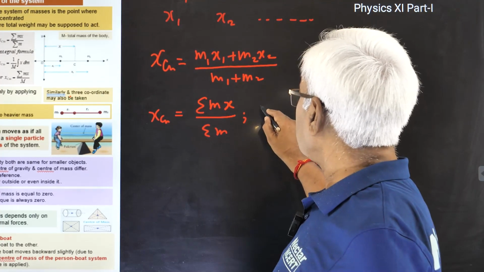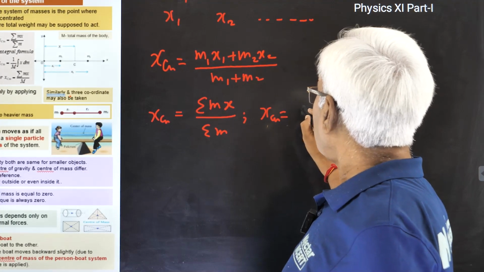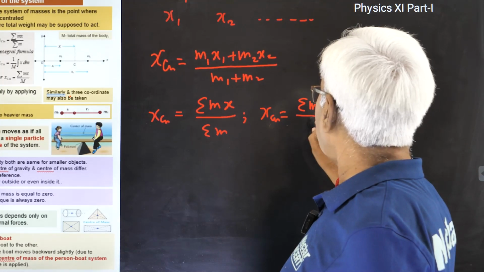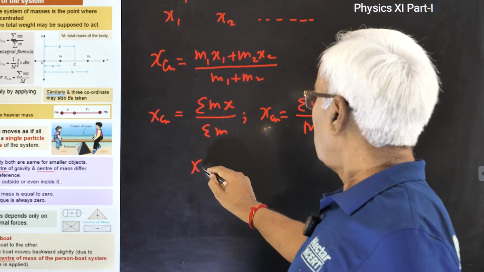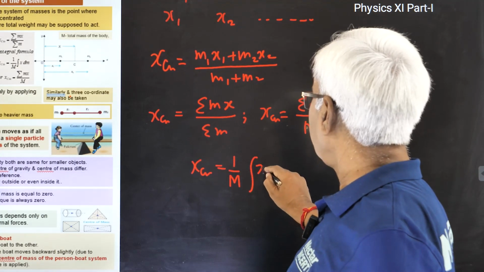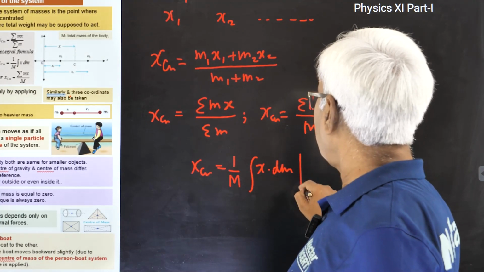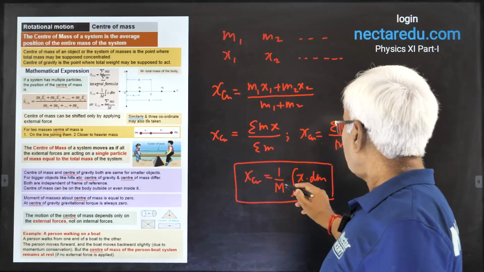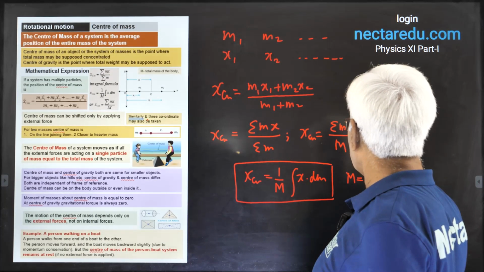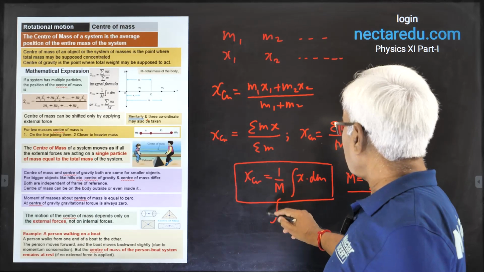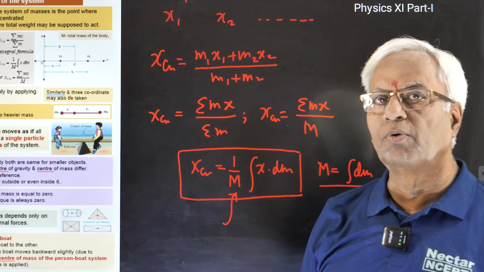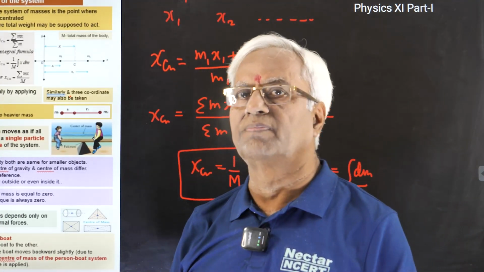Likewise, you can go one step further short. It could be written as sigma mx upon total mass, or even it's written sometimes in integral form, integral x dm upon m. For m, you can also write integral dm. What is this m? This is the total mass of the body or the system.